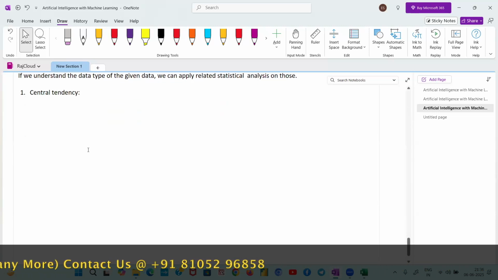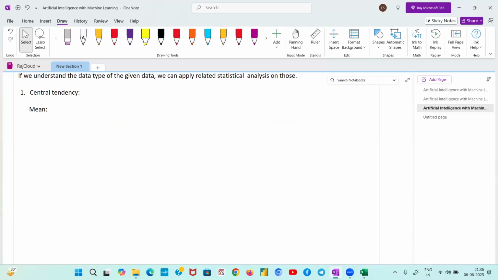What does central tendency cover? Mean, median, or mode.